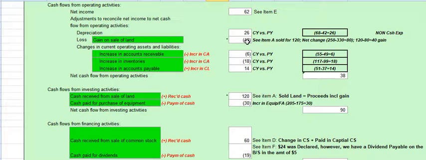Then you had the effect of your net gain from your $120 land sale, which is reported in investing. So these are all reconciling items to show that net income of $62 was greater than the operating amount, because we're trying to convert from accrual to cash basis.